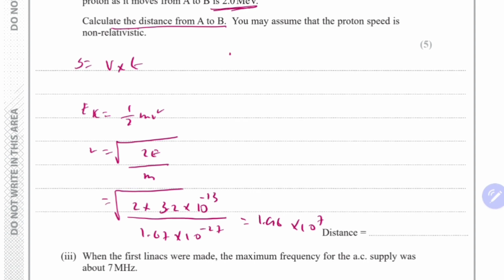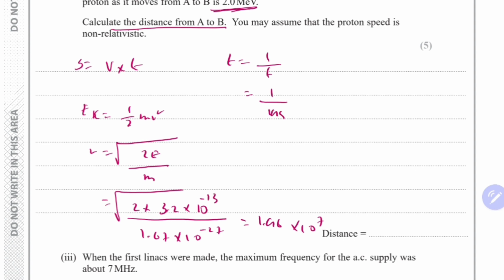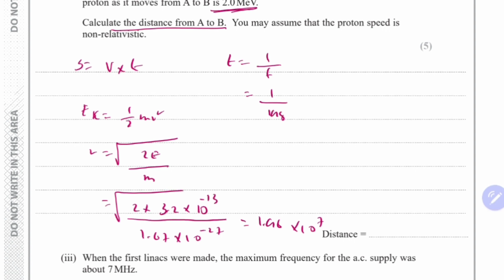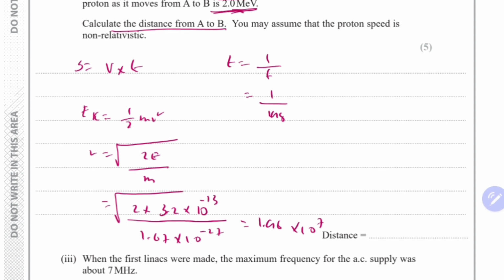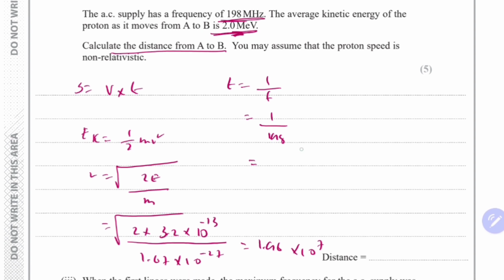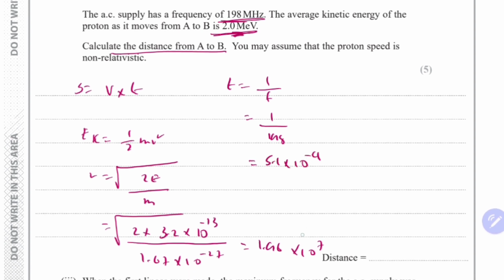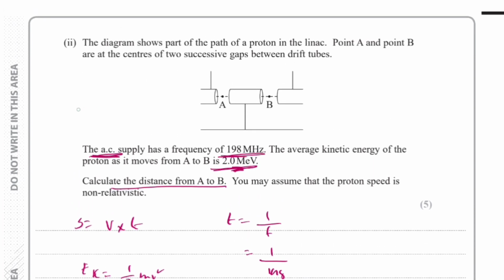Okay, now we have to find time. Time is equal to 1 by f, which is 1 over 198. We can keep it that way because we're keeping this one in mega, so we can keep that in mega as well. We get 5.1 times 10 to the power minus 9. This is an AC supply, so it's a full cycle.